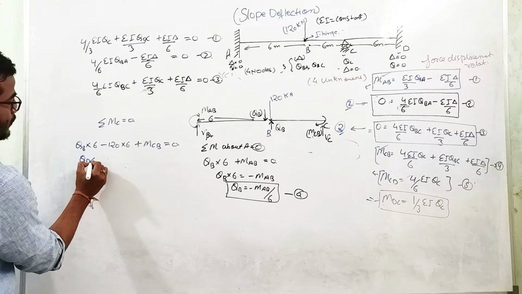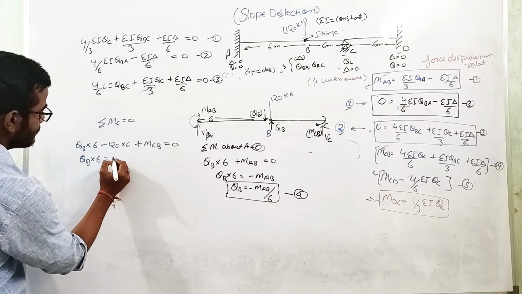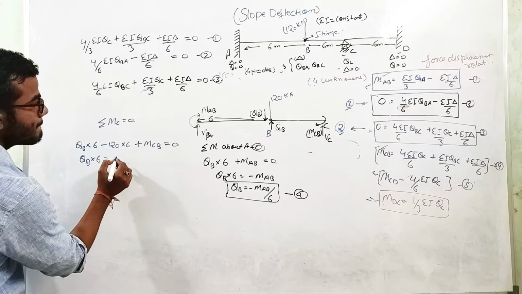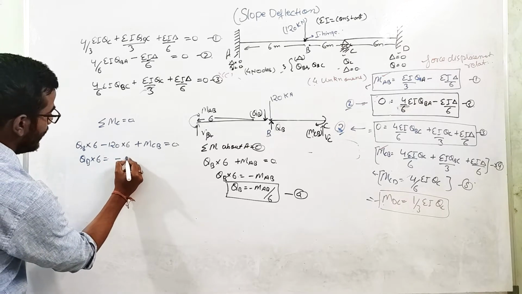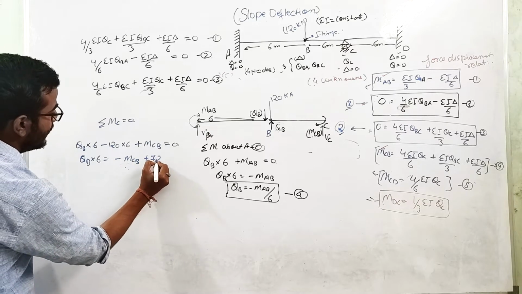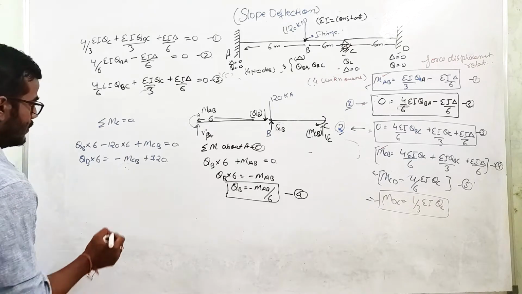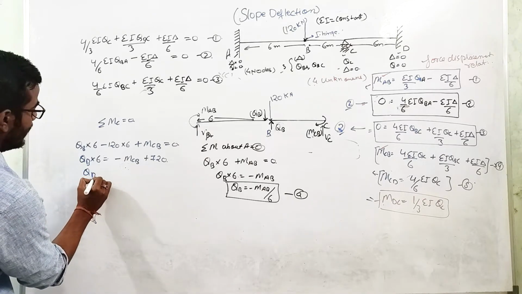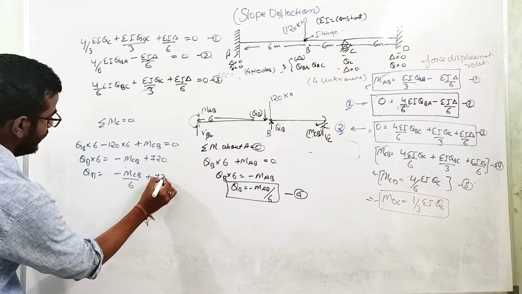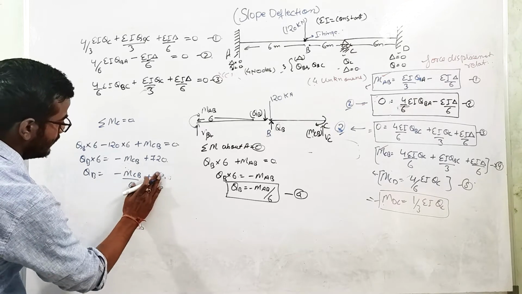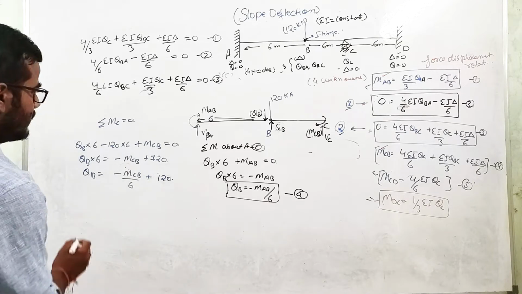So I can write QB into 6 equals to MCB plus 720. So QB I can write MCB divided by 6 plus 720 divided by 6, and this will become 120.